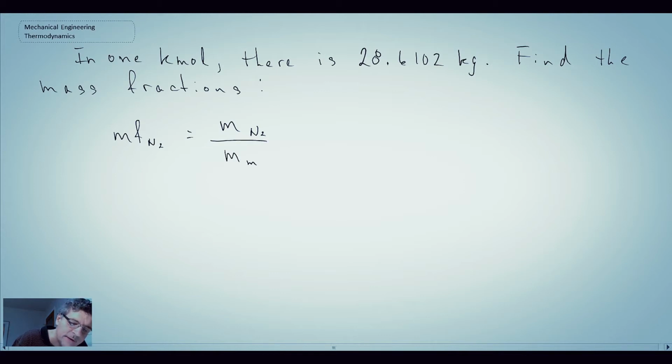By the definition of mass fraction, let's take a look at nitrogen to begin with. We can say the mass of nitrogen divided by the mass of the mixture.